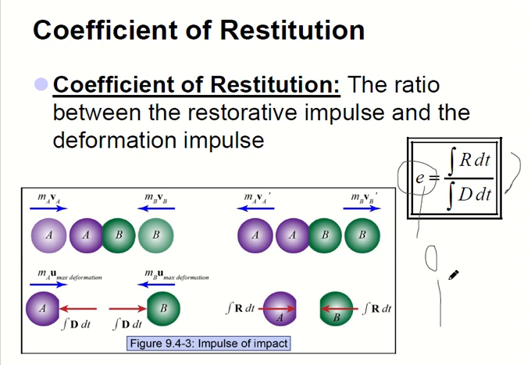We get that value from a division. All we do is take the integration of the restorative impulse and divide it by the integration of the deformation impulse, and you will get the e.